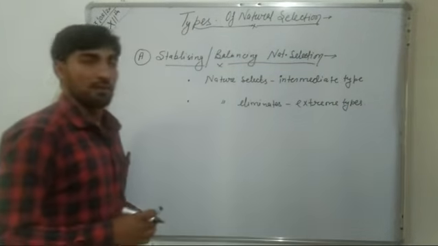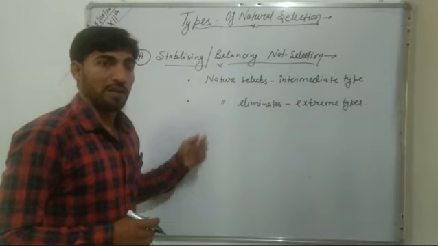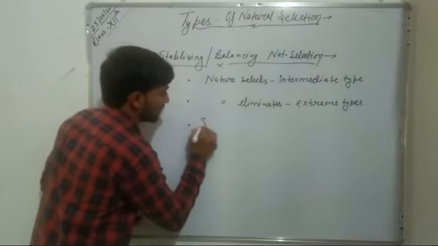We will understand this selection of nature by taking an example of sickle cell anemia.